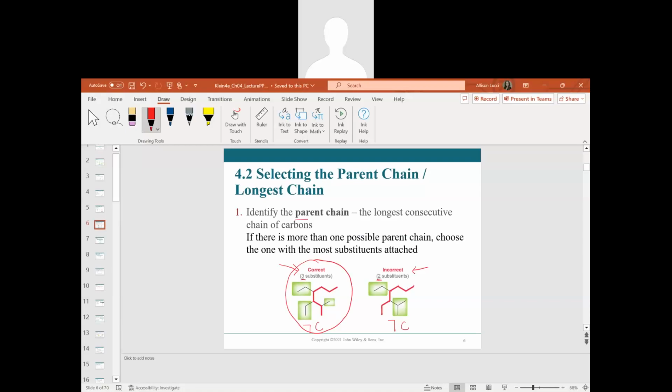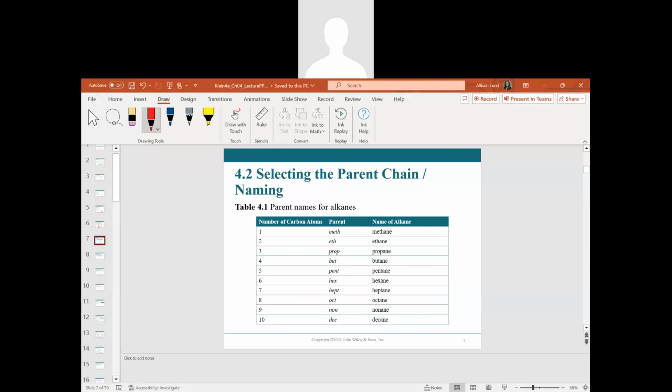So we found our parent would be a heptane, and then we would have a methyl substituent, an ethyl substituent here, and then a propyl substituent down here, instead of what looks like, down here on the lower right, an isopropyl substituent. So let's see this in action here. When we name our parent chain, we're going to name it based on these names over here.